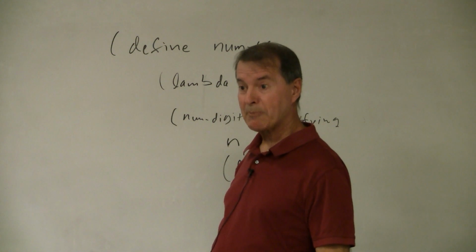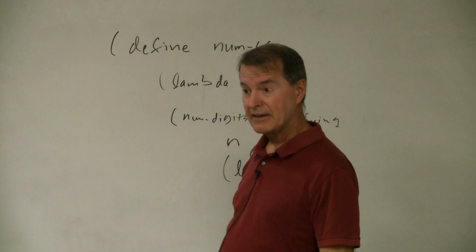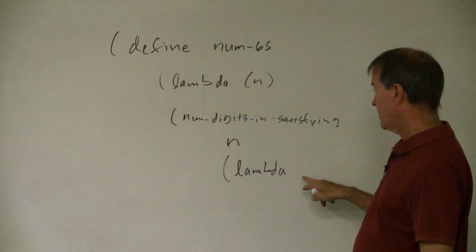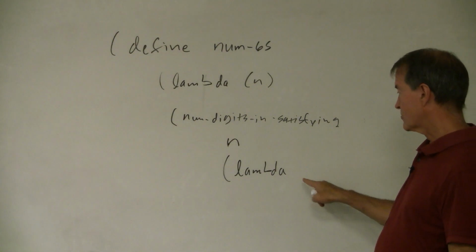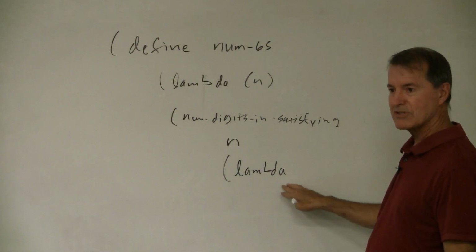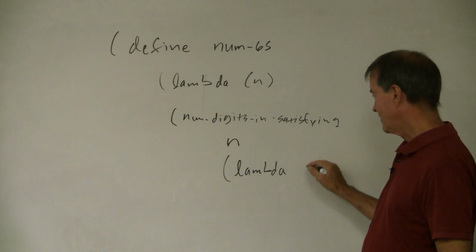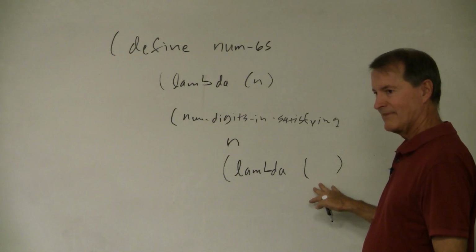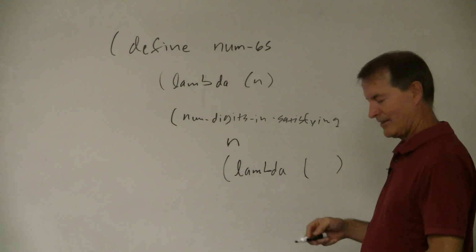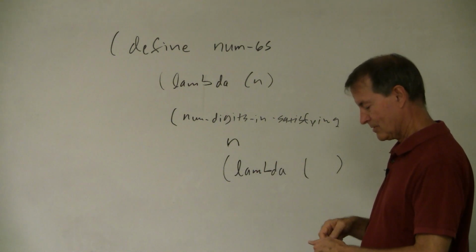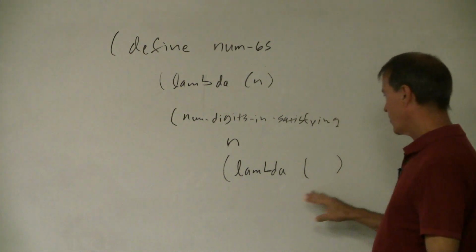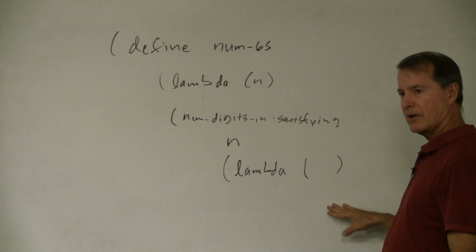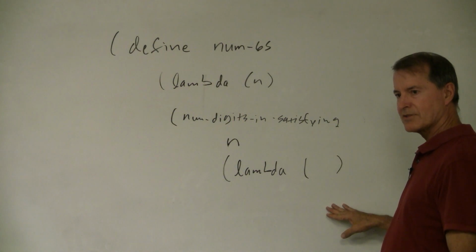And now what is this function supposed to return? True or false, depending on if it's a 6. So how many parameters does this function have? 1. And then I forget what it's going to be called. And what will return true if it's 6?